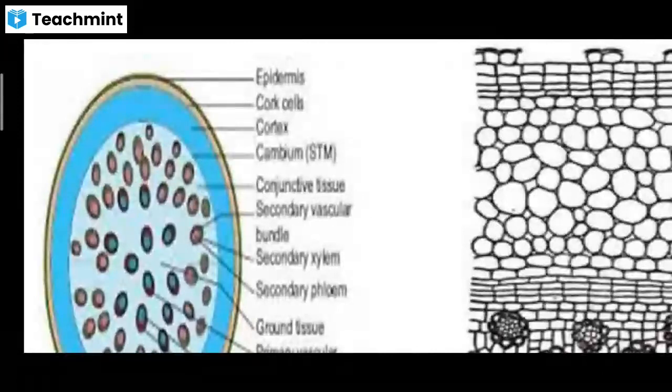Below the cork cells there is the cortex region, and next to the cortex region there is the cambium. So in the cortex region the cambium will be formed. This is the position of cambium which shows abnormal activity.